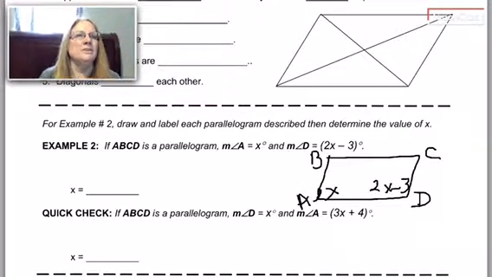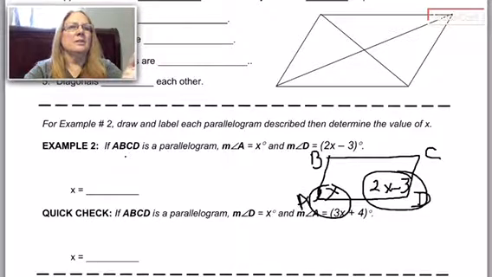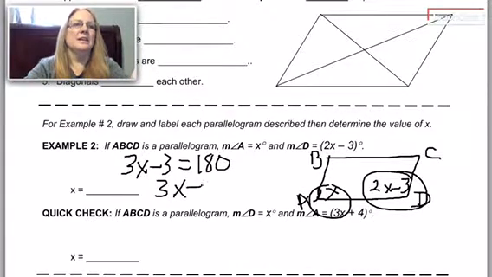So I look at my picture and I see those are consecutive angles. And consecutive angles in a parallelogram are supplementary. That means they add up to 180 degrees. So I'm going to add 2x minus 3 and x. So that's going to be 3x minus 3 equals 180. Now we just solve. Add 3 to both sides, and we get 3x is equal to 183.